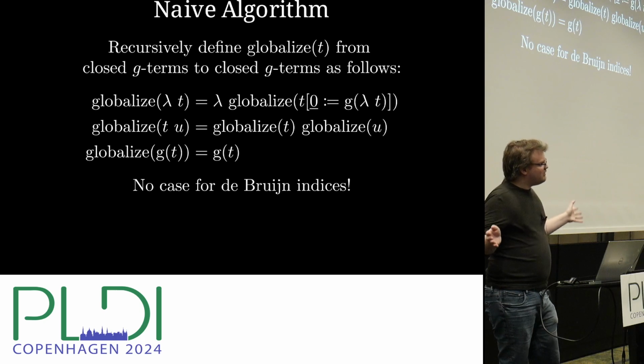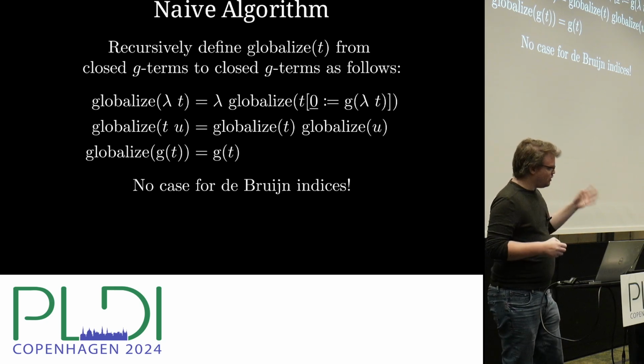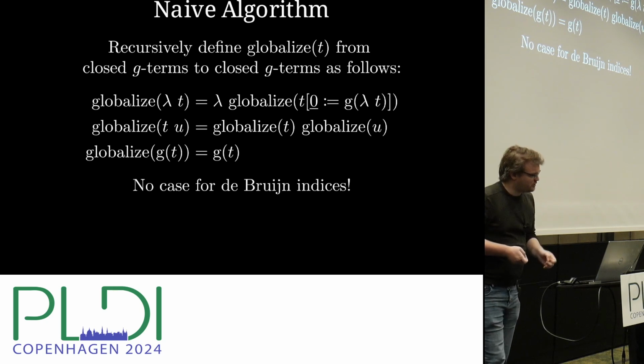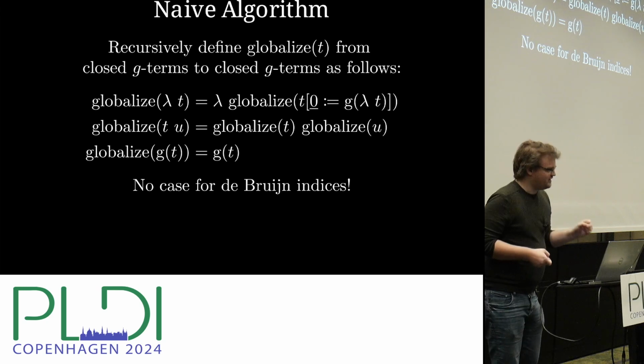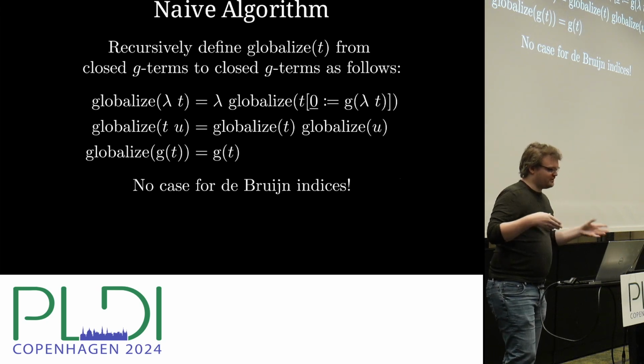So then this is our algorithm, our naive algorithm, our silly algorithm. This algorithm globalizes a term, and it globalizes a closed term. So you have to give it a closed term, and as output it will give a closed term. So the invariant is that it's always closed.